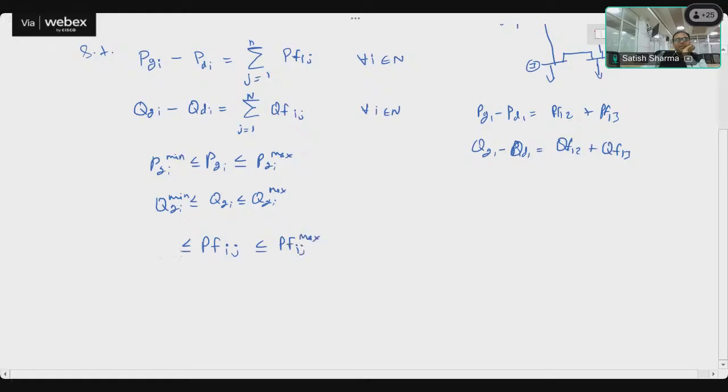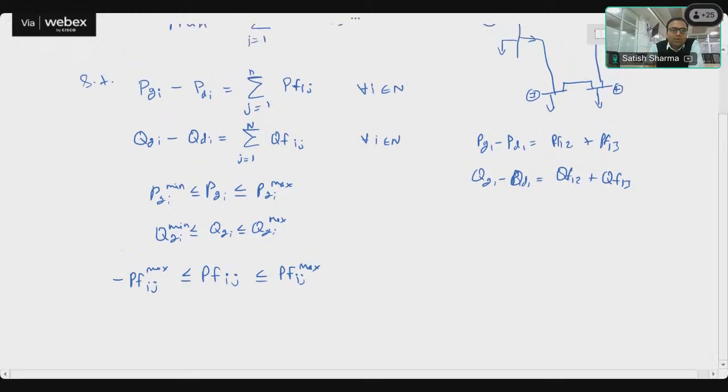And similarly, the line has the same capacity in both directions, so it should be more than the negative of PF maximum. So the power flow can be in either direction. If a line has a 100 megawatt limit, then the power flow in that line can be either positive 100 or negative 100. So this is the minimum and maximum limit. This is a very fundamental optimization problem for the optimal power flow.